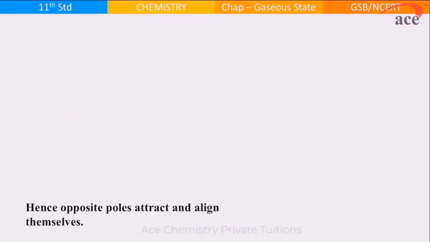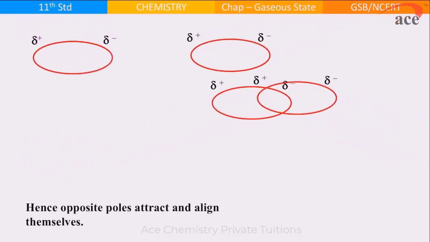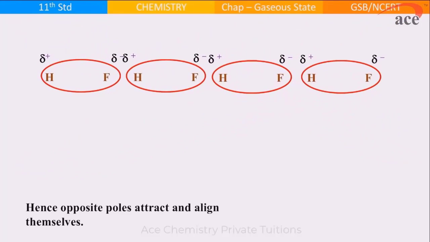Now these charges are opposite poles; we know negative and positive always attract. So let's see what is happening here. The H positive and the fluorine which is negative will arrange themselves in such a way that the negative is facing the positive of another molecule, and this will create some type of attraction.